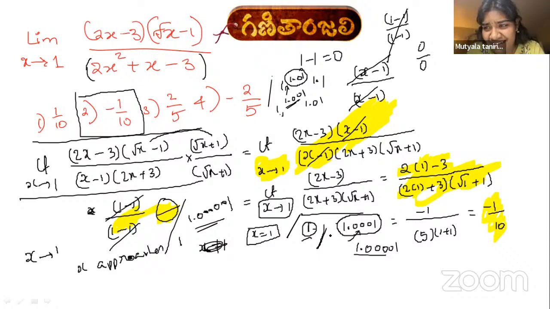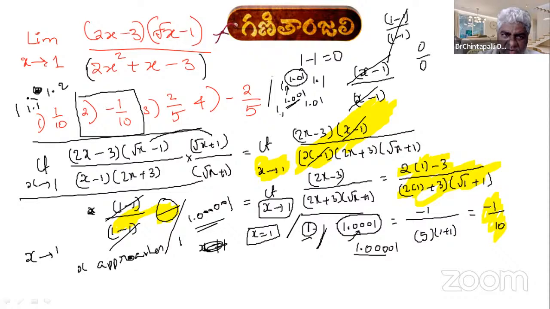Try another number. What's the nearest number to 1? 0.59. If you say 0.59 is nearest to 1, or more than 1 but nearest to 1, 1.2, then 1.1 is nearer than 1.2.